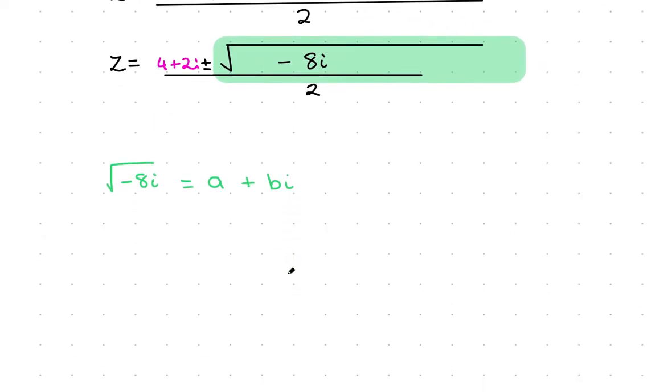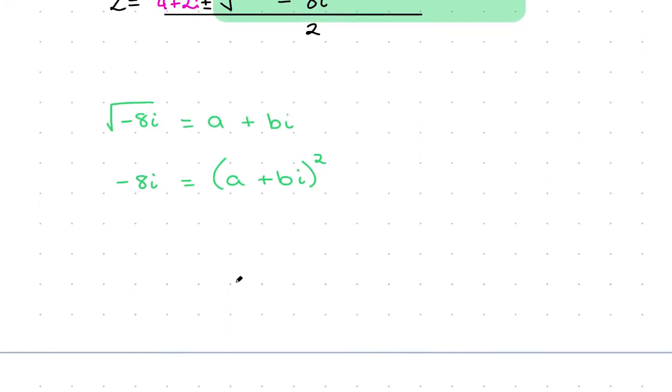What I can do here, my first step would be to get rid of that square root, and how I would do that is by squaring both sides. So I'm going to square this side to get rid of the square root. And then I get A plus Bi, all of that together squared. And this is something that we can do and we have worked on.